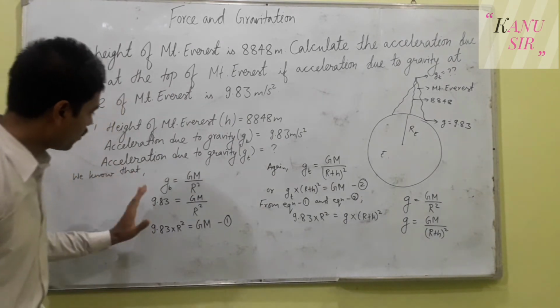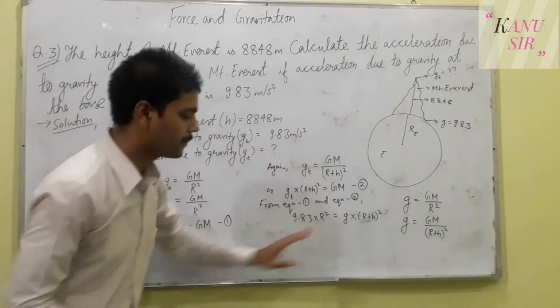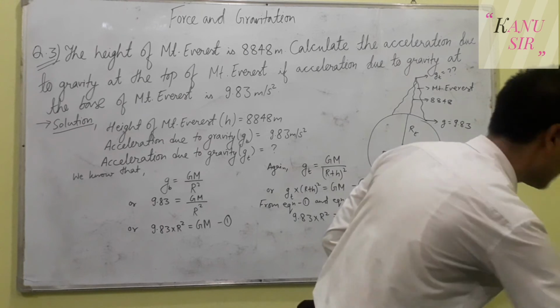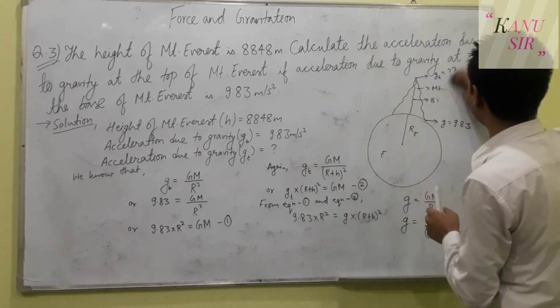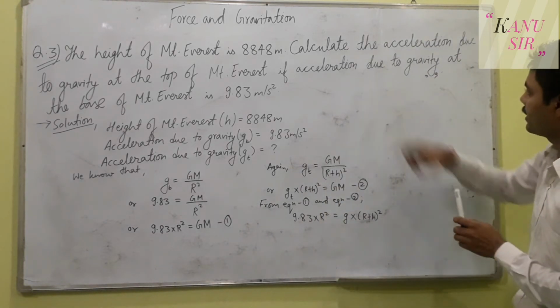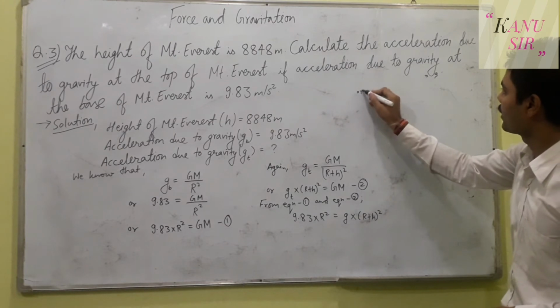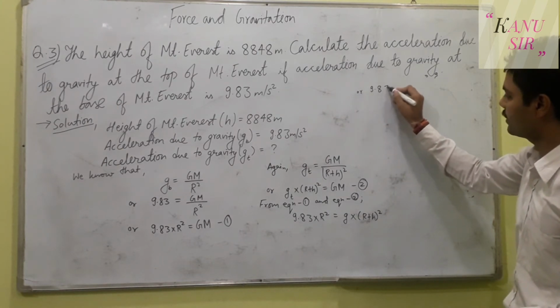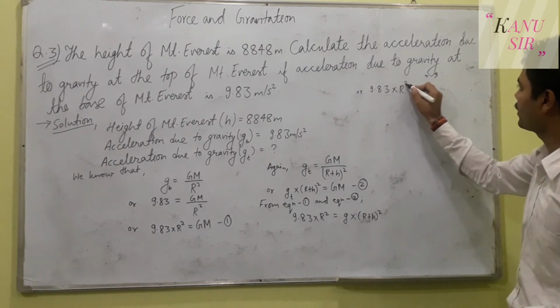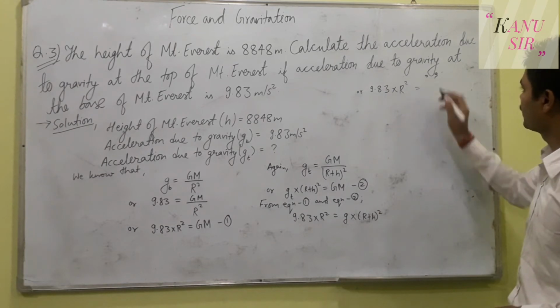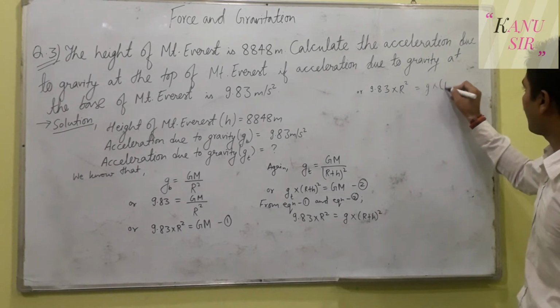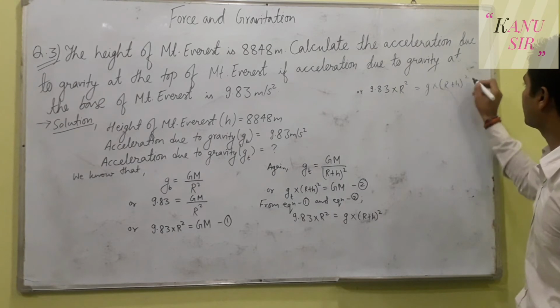I hope you have understood up to here. I am going to erase the figure shown on the board. After this, I will write here 9.83 into r square is equals to g times (r plus h) whole square.